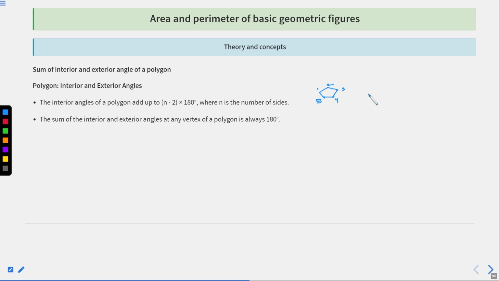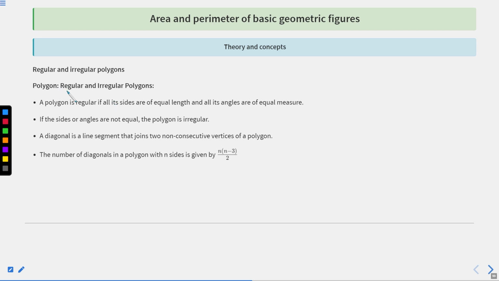So n will be 5 here. Putting n equal to 5, (5 minus 2) into 180 will be 3 times 180. So the sum of the interior angles for this polygon will be 3 times 180. And the sum of the interior and exterior angle at any vertex of the polygon is always 180 degrees.